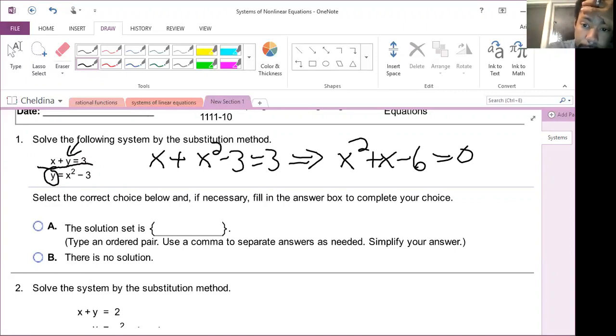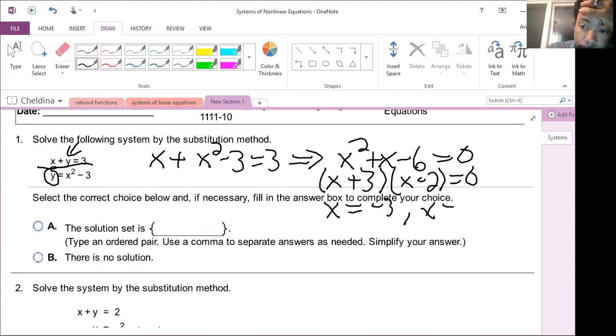And this means that you can factor. Factors of 6 that are 1 apart are 3 and 2. So it's x plus 3, x minus 2 is equal to 0. And so this means that x equals negative 3, or x equals 2.